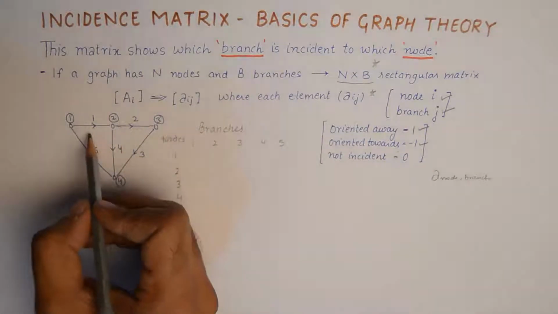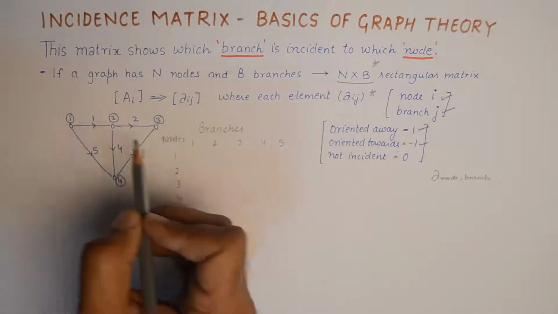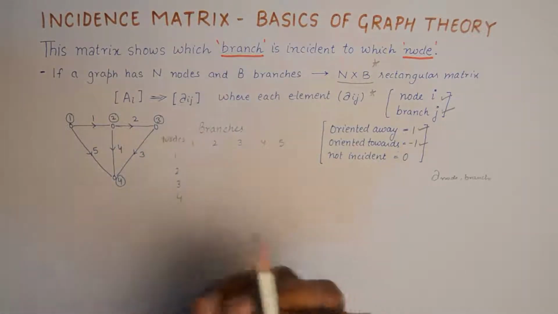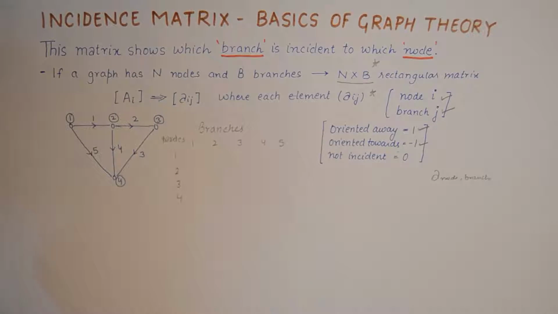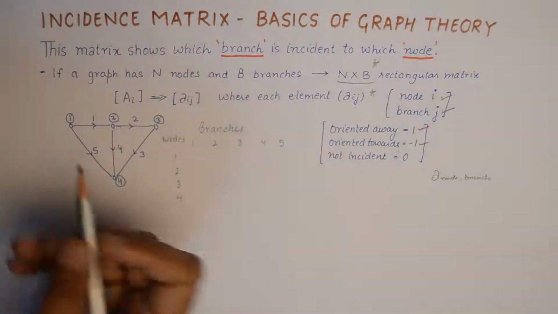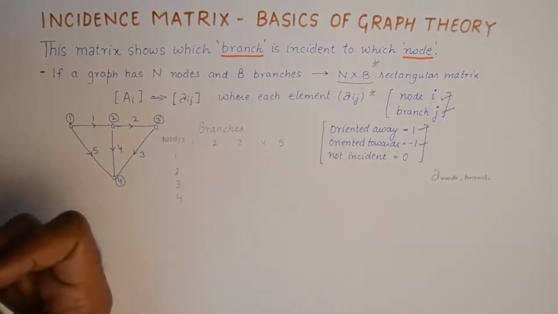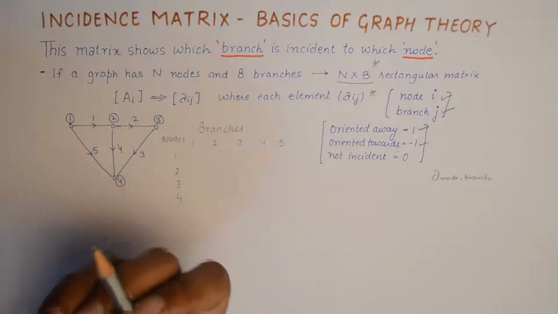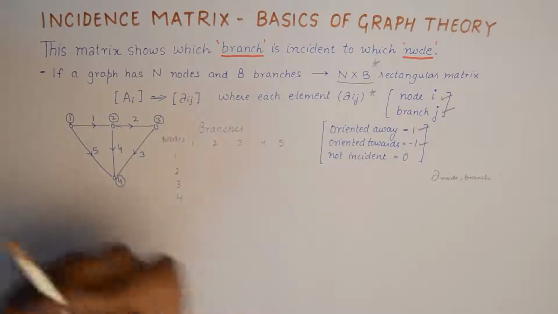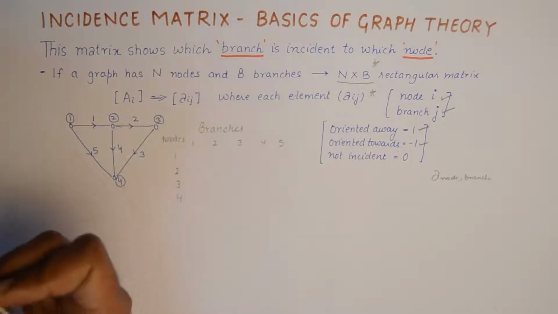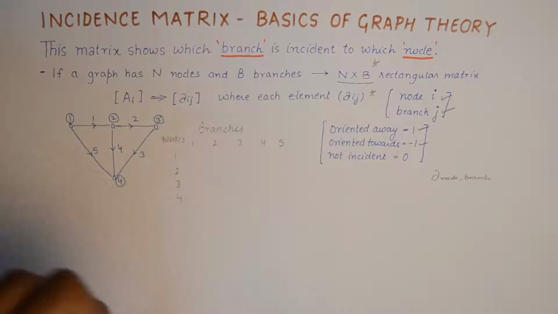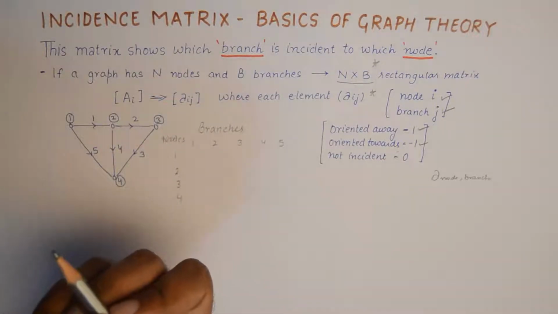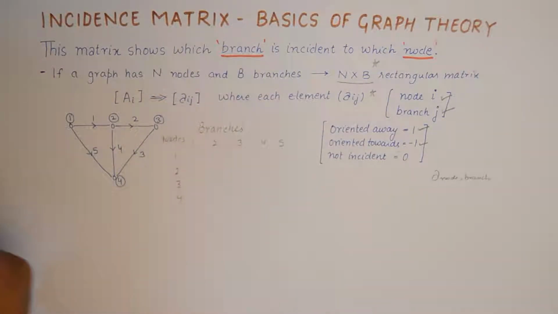So if a branch is not connected at all with a node, that would mean that it is not incident to that node. A branch would only be incident to a particular node if it is connected to it. So there are only two possibilities. If a branch is incident or connected to a node, it will either be oriented away from the node or oriented towards the node.